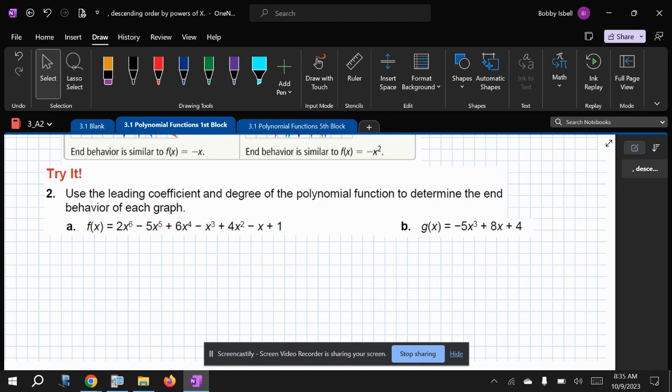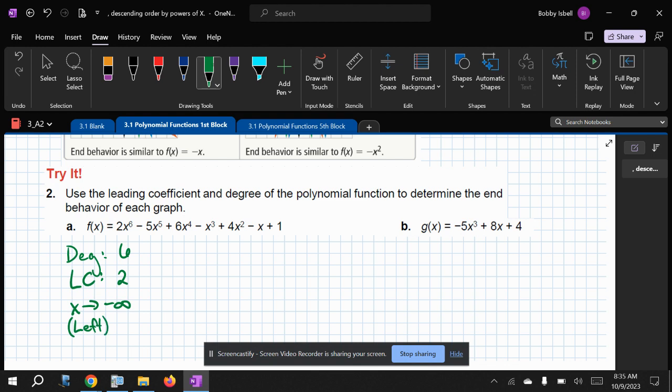Okay? So the nice thing is on part A they've already got it in standard form for us. So all I need to know is what's the degree and the leading coefficient. So that's an even degree with a positive leading coefficient. So as x approaches negative infinity, that means as we go left, f of x goes where?